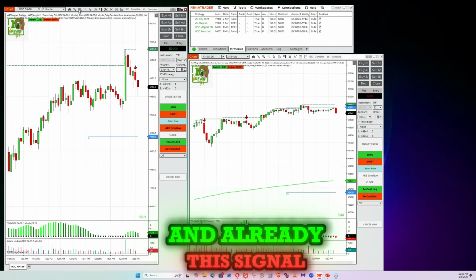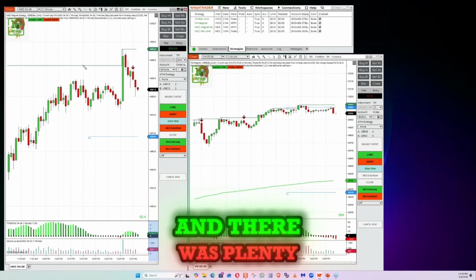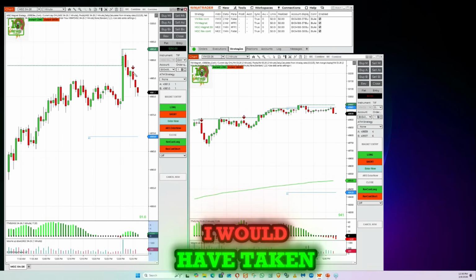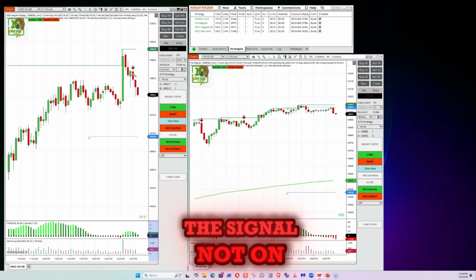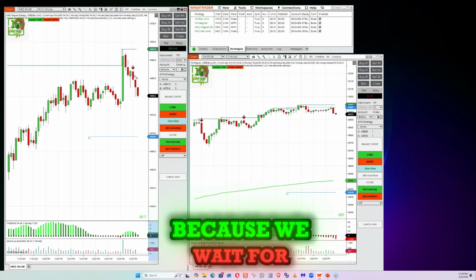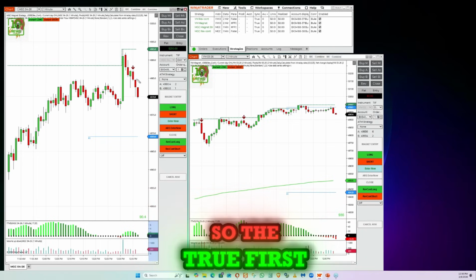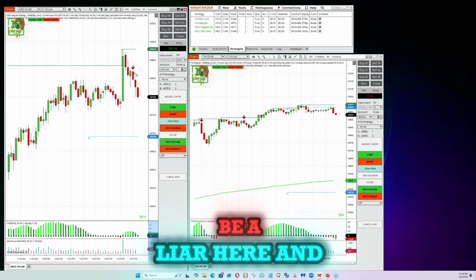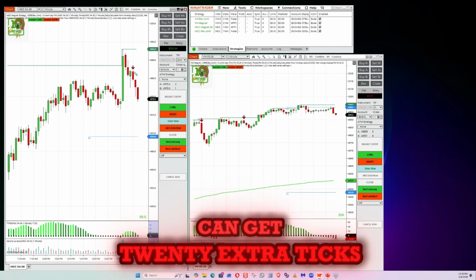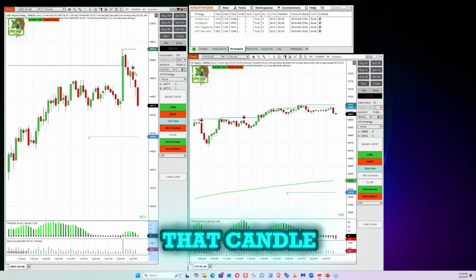And already this signal, if I had taken it, and there was plenty of time to take it, I would have taken the signal not on the candle that the signal showed up, because we wait for that candle to close. So the true first signal, I'm not going to be a liar here and a fraud and make believe I can get 20 extra ticks by telling you I would take the signal on that candle.